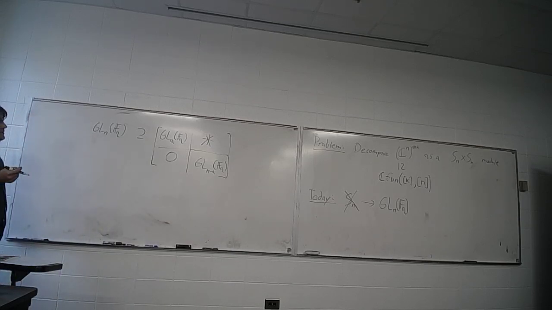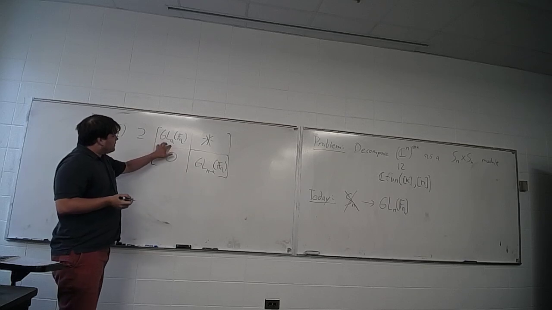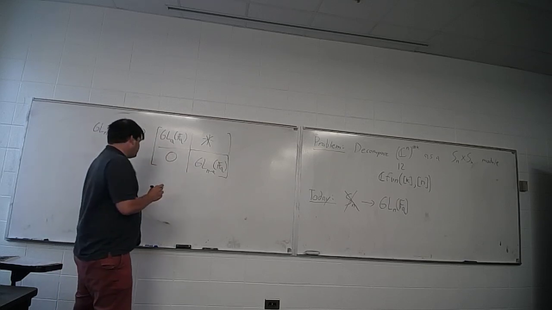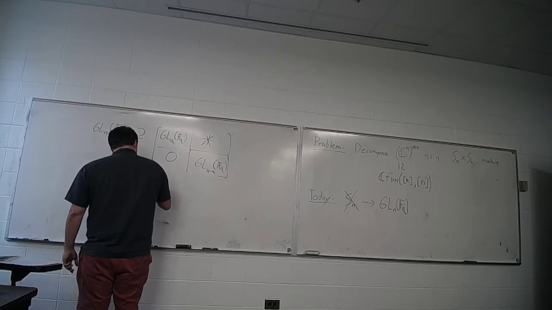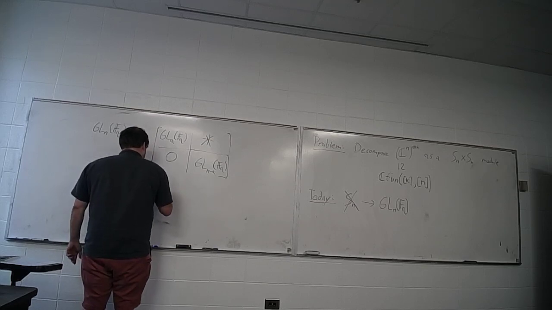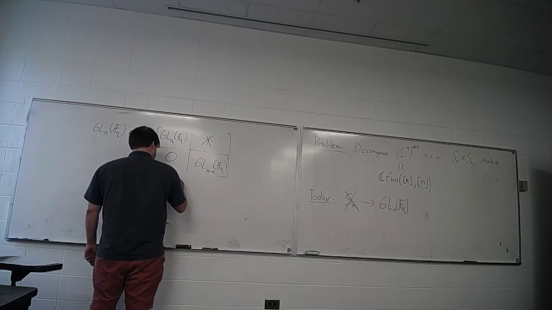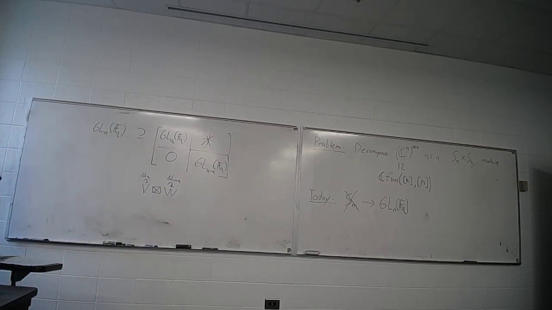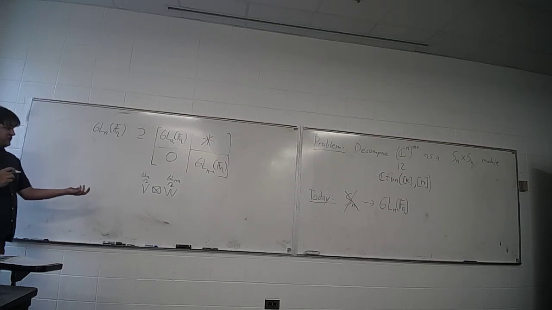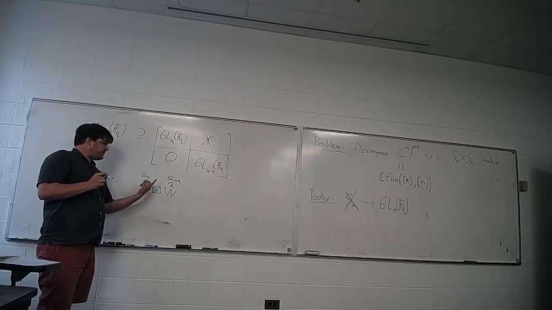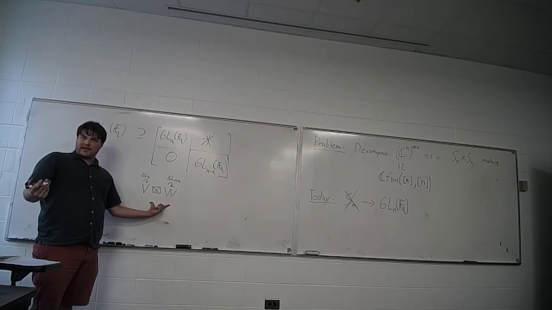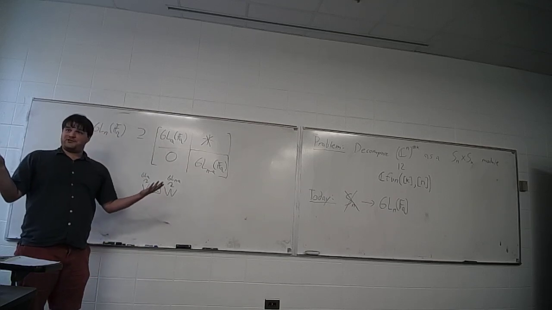One thing I can do to inductively build my representations of GLN is take a representation V of GLA, and a representation W of GL n minus A. Tensor them together, so now this is a representation of GLA cross GL n minus A, and I could just induce it up to GLN.